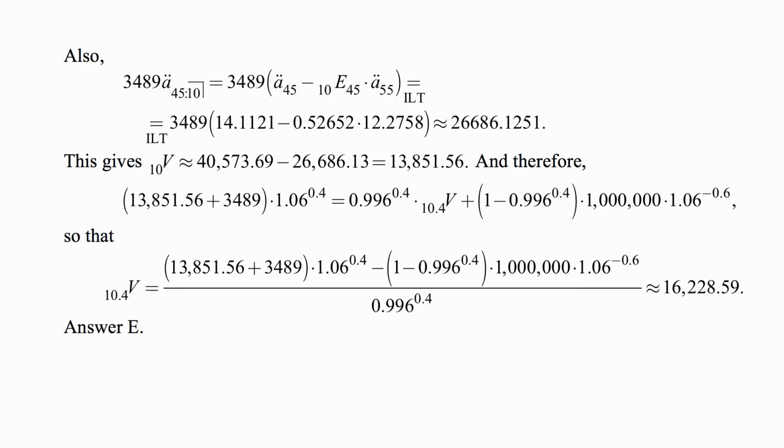And the actuarial present value of future premiums, 3489 times a double dot 45 colon angle 10, is 3,489 times a double dot 45 minus 10E45 times a double dot 55. And we can find these values from the illustrative life table.